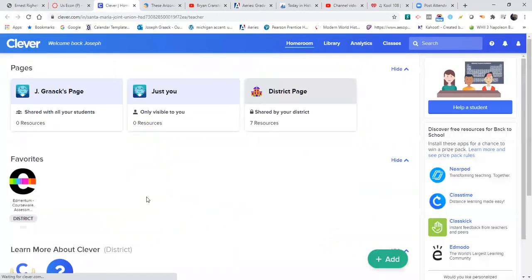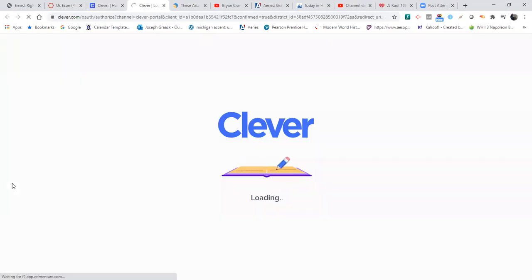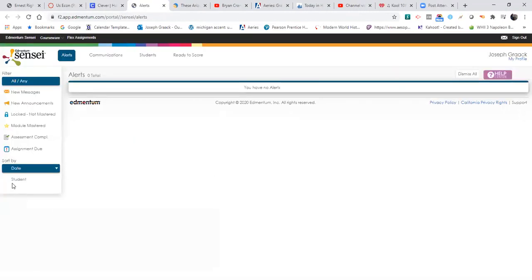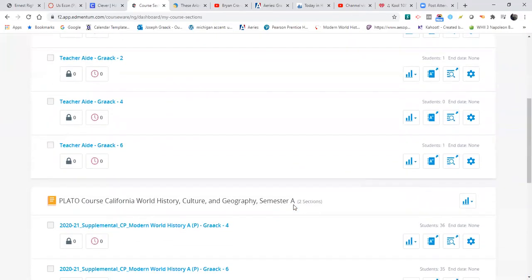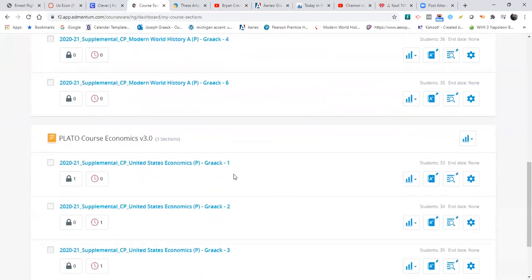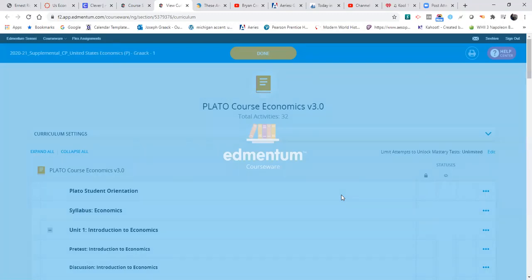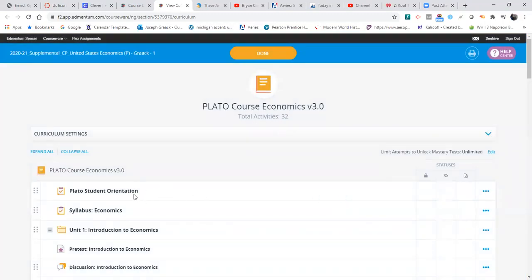Once you click on that, the Edmentum login is the same as your school email and password. When you get there, you should see CP Economics period 1. Then we had you take a look at the Plato orientation, just in case you've never used this format before in this platform.